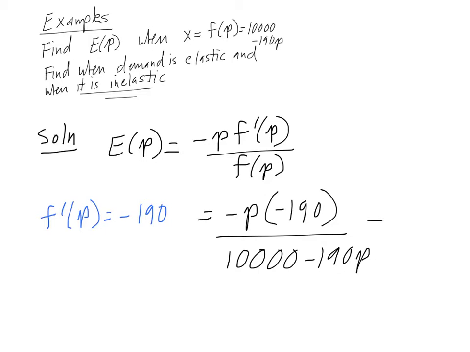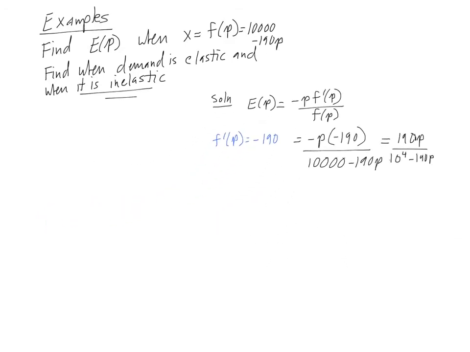And so that gives me 190 p over, and we'll just call this 10 to the 4th minus 190 p. Okay? And so to find when it's inelastic and elastic, we just have to set up inequalities here.